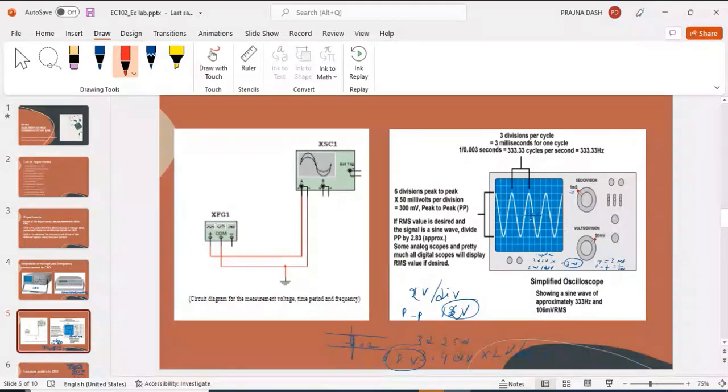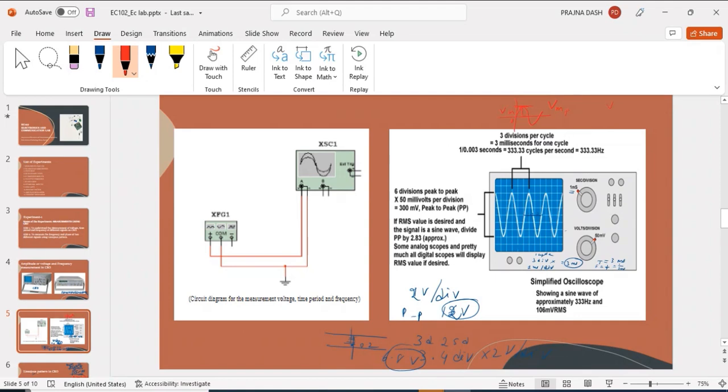So peak value means, when we study in theory, you will use the concept in theory. Either you will be given, suppose, Vm peak, that means Vm peak means only one. If this is the signal, this will be your Vm peak with respect to 0, what is the voltage.